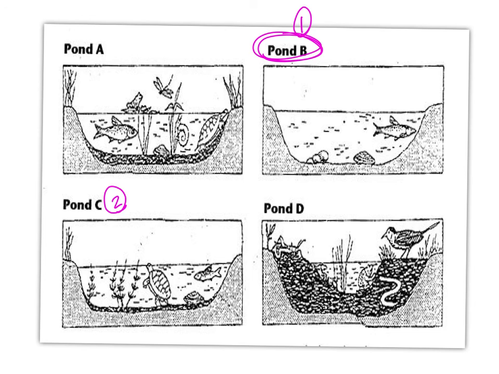And then you would have pond A, so that would be third, because you see it's filling in more here. And then pond D would be fourth, because it's barely got any water left, and it's filling in mostly with dirt.